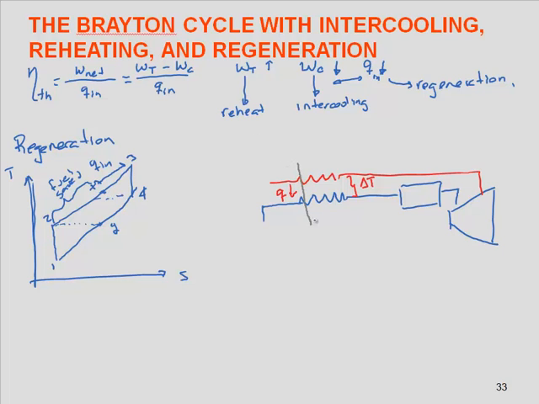We can close it to show that it's a closed heat exchanger, and just as a reference, this is our number 2 that comes from the compressor. This is the number 3 that comes from the combustor and goes to the turbine, and this is our number 4, the exit of our turbine.